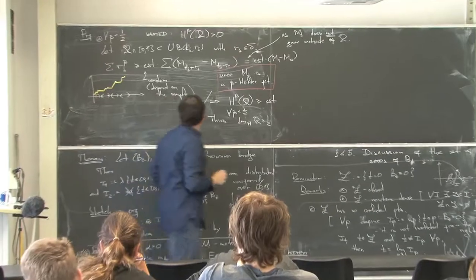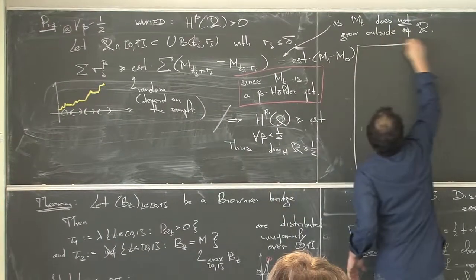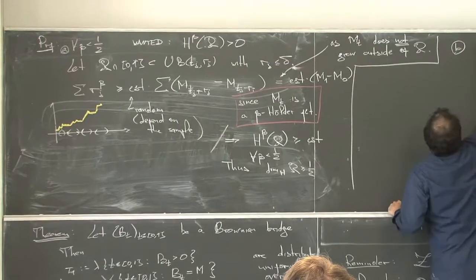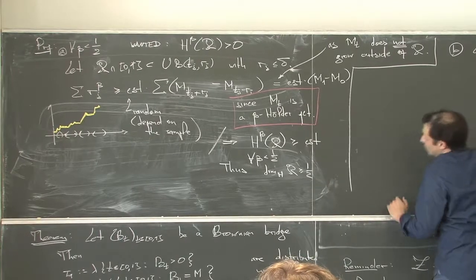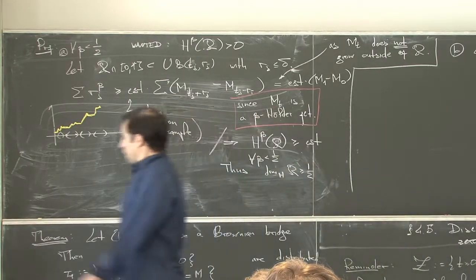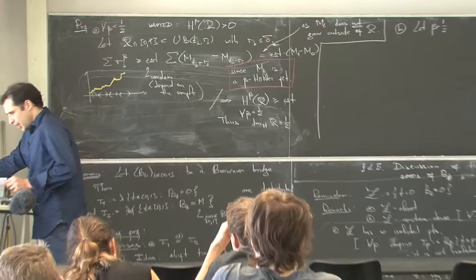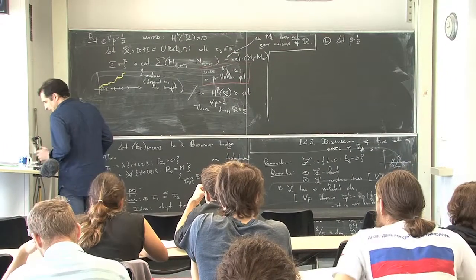And now, what is the second? Now let us take some exponent which is strictly positive, and then what we need to check is that H^beta is small rather than it's big.